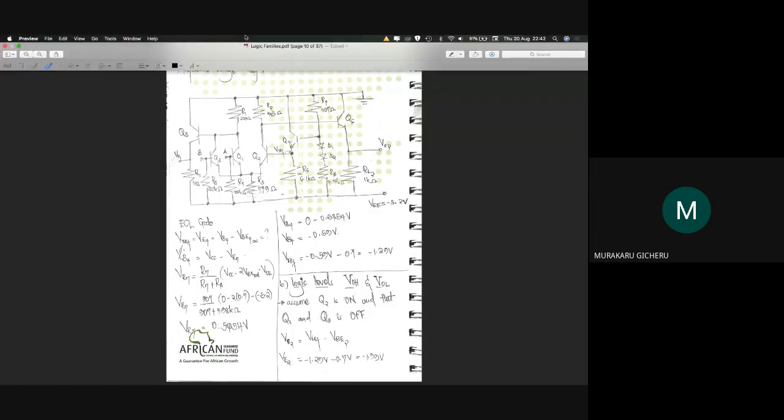So if you subtract the drop due to these two diodes from 5.2, you'll get 3.8 volts. And we know that when we're doing a voltage divider, you take the resistor that is closer to ground as the numerator. So that will be 907. It'll be 907 divided by the total resistance, taking out D1 and D2 because we've already solved for D1 and D2.